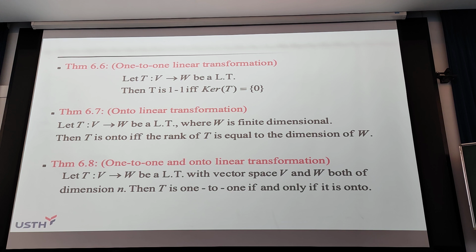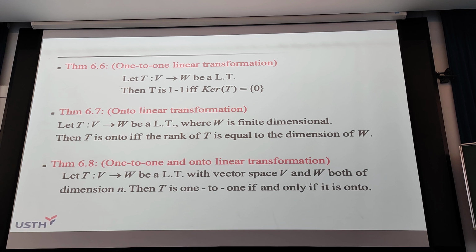It costs you a lot of calculation. However, in case of a linear transformation, it is very easy to find it because in that case, T will be one-to-one if and only if the kernel of T consists of only the zero vector.